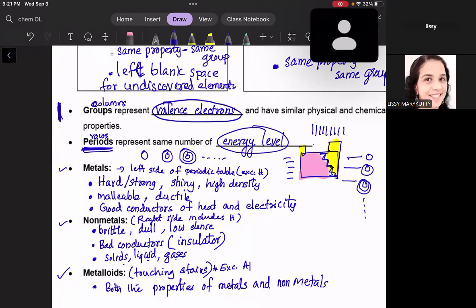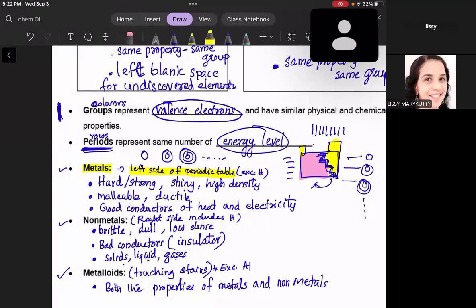Okay. On your orange periodic table, you can see a stair symbol, like stairs. Everything on the left side of that, we will call metals. One exception is hydrogen.